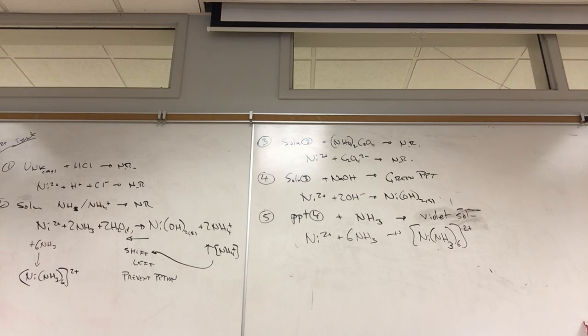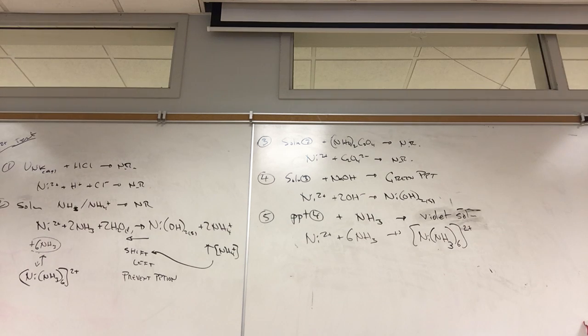Let me ask you this. What concentration of ammonia do we use in step 2 here? 6 molar? What concentration do we use in step 5? 15, so that gives you a clue. The other reason we don't form this is because we have a low concentration of ammonia, which is going to shift this back. It doesn't mean that none of this complex might form and we might lose some of the nickel.